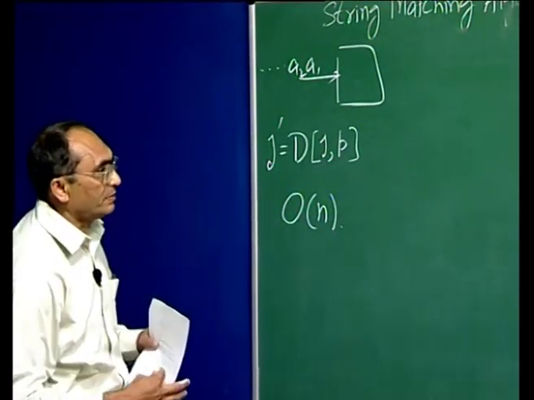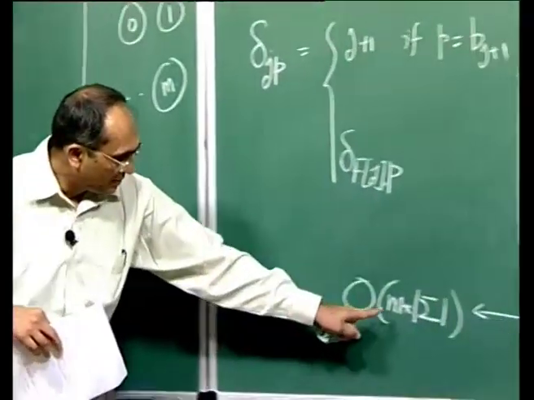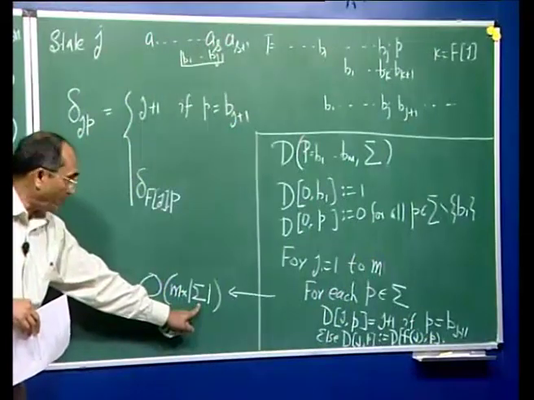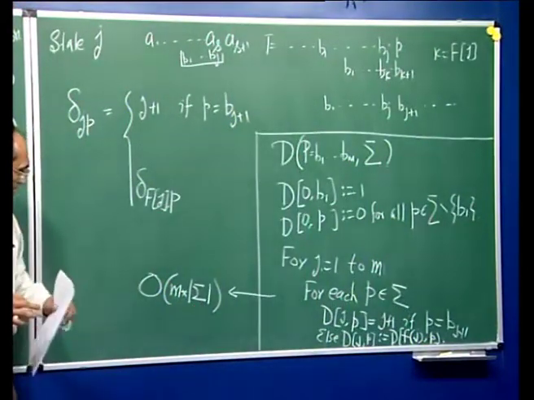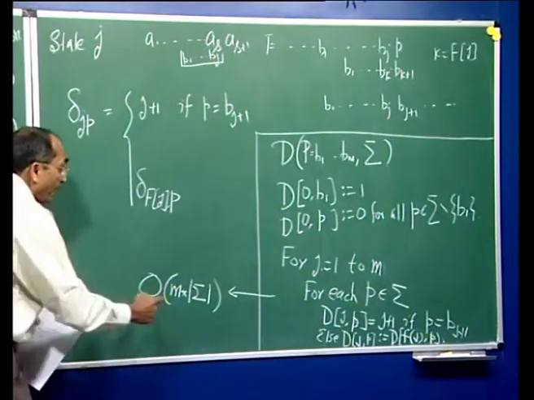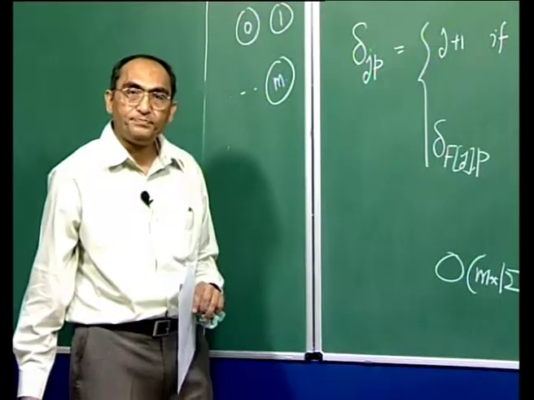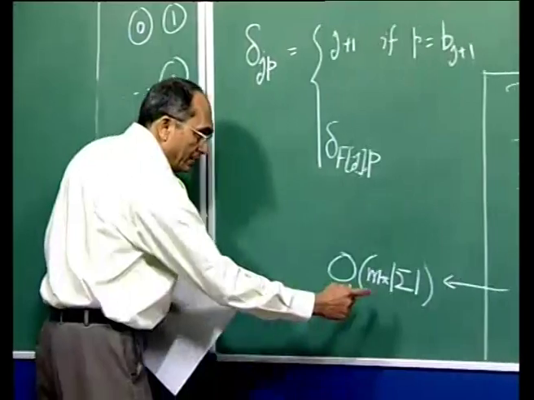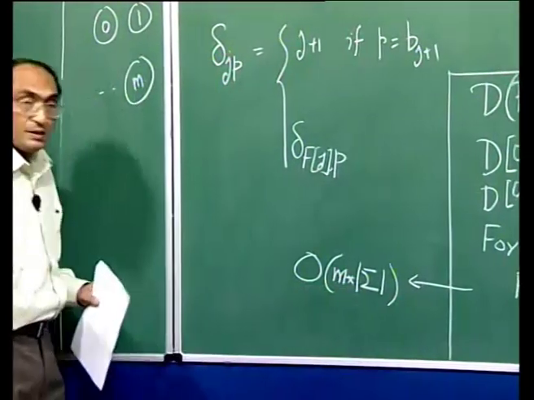It has one drawback, that is, it is dependent on the size of the symbol set. Imagine this is much bigger than m. It is significantly bigger. It is closer to n.